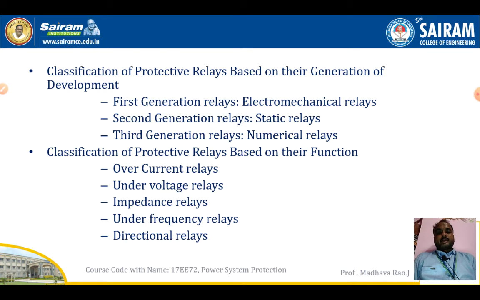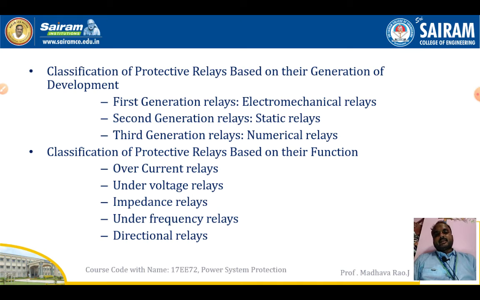classification of protective relays based on their generation of development. Generation of development is also based on technology, so based on the generation of development and based on technology, both will be similar.